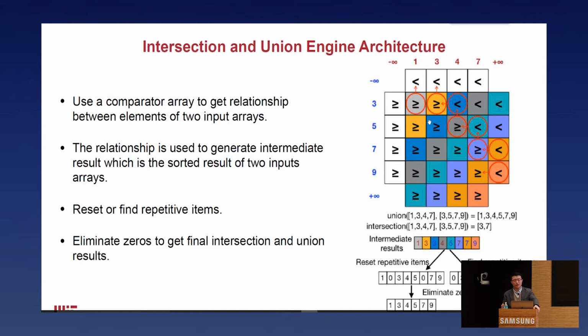We find the boundary of this comparator array, which will give you the output of the intermediate results. And then we can reset those repetitive items to get the union result, and find those repetitive items to find the intersection result. And all the operations can be done within one cycle without having to run those complicated instructions.